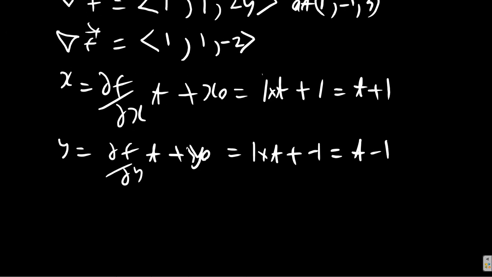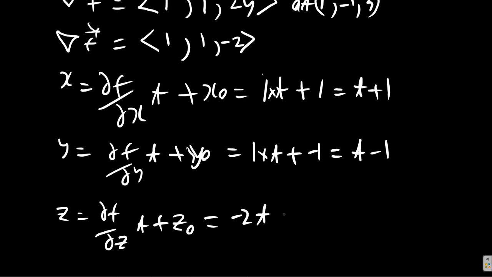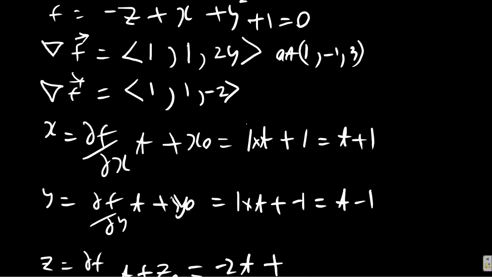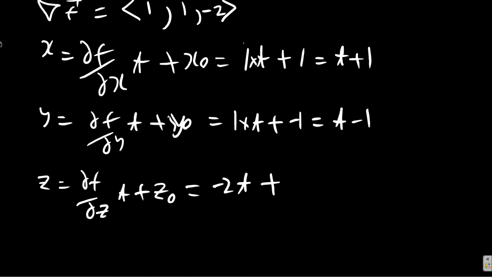And then z is equal to delta f by delta z times t plus z0, which in this case, delta f by delta z at the point was negative 2t, plus our z0 is 3, so it's plus 3.